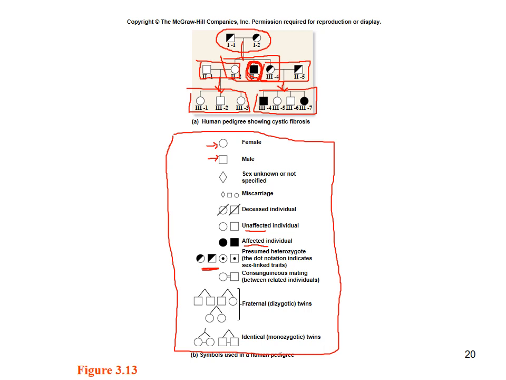So they're able to pass it on to the next generation, but they do not have the disease. And we'll talk more about the pedigree, obviously, as we go along, definitely in a little bit when we take a look at sex-linked diseases. But for now, I just kind of wanted to show you it. And obviously, often there'll be the key right next to it, so you can kind of see which one is mom, which one's dad, which was the first generation, which one is the second generation.